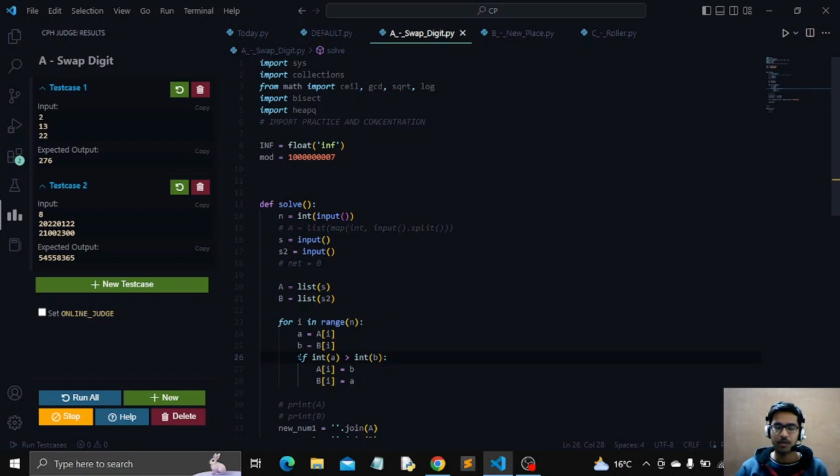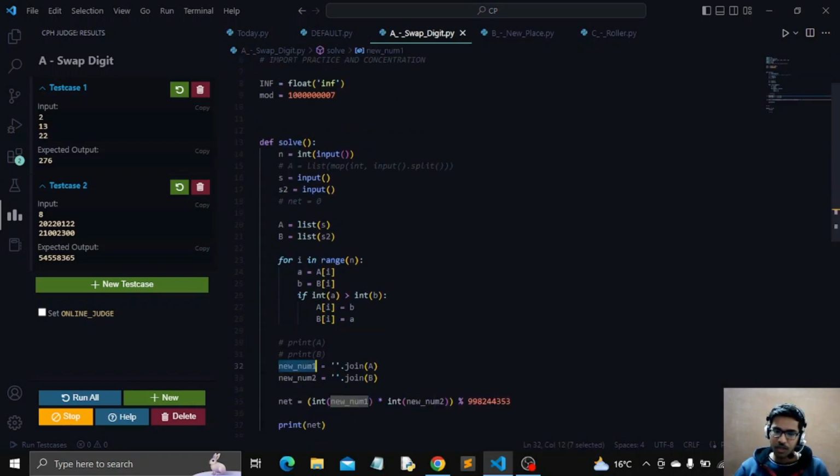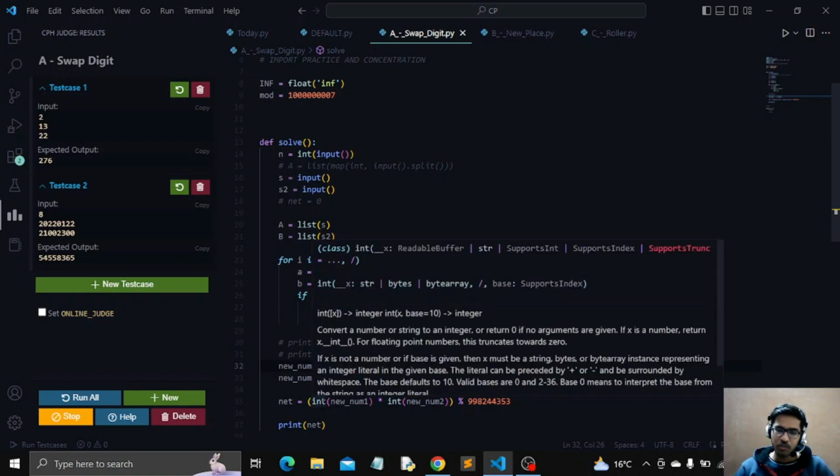Here we are checking if the digit of integer a at the ith position is greater than the digit of integer b, then we are swapping it, because we want our integer a to be as low as possible. So we will interchange the digits, and we will do the same thing for all the n positions. After this, our integer a will become as low as possible and integer b will become as large as possible, and their product will become very low, and that will be our answer.